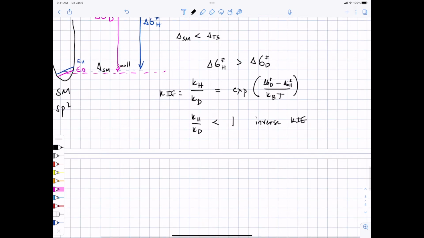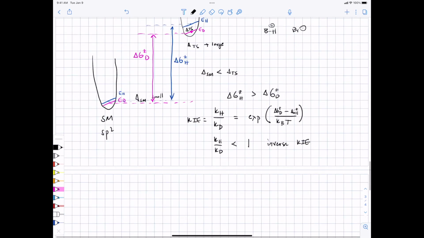Okay, questions then? Yeah? Would the same trend hold for sp2 to sp1? Interesting. I don't actually know, but we could look that up real quick.